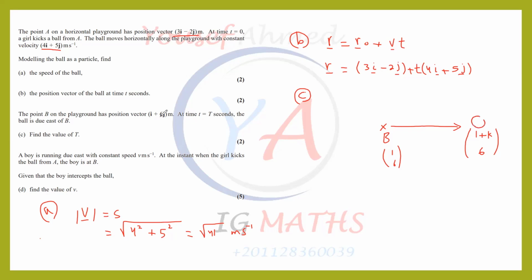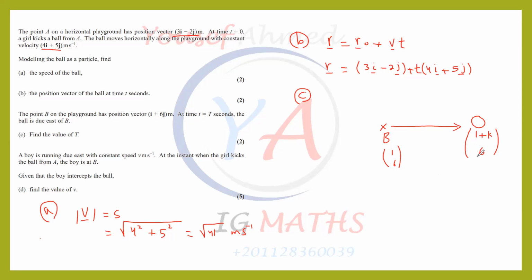So now this is the position vector of the ball. The position vector of the ball at time t is 3i minus 2j plus t multiplied by 4i plus 5j. The ball, after passing through B, is on the east of B. So the 1 becomes 1 plus k, which we don't know exactly, since it's somewhere east of B, but with the same value of j, because there is no change vertically.